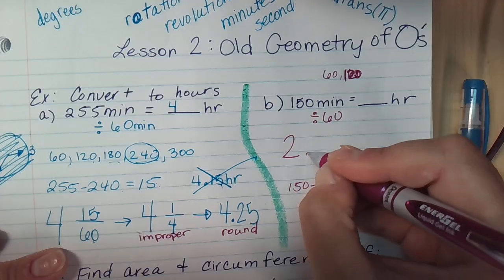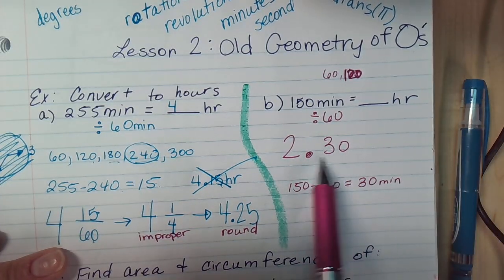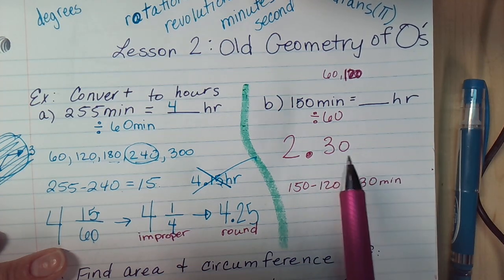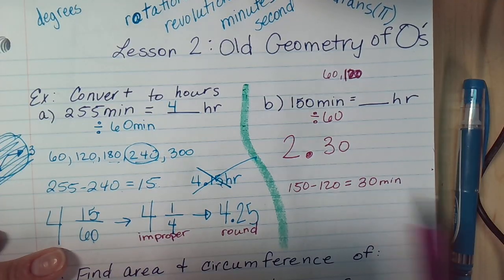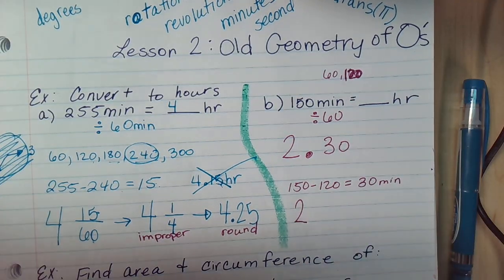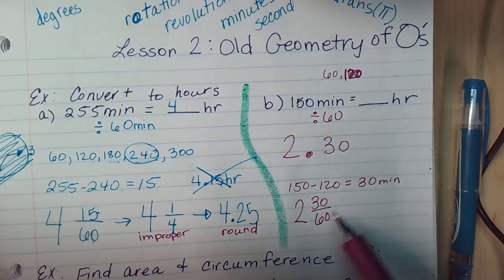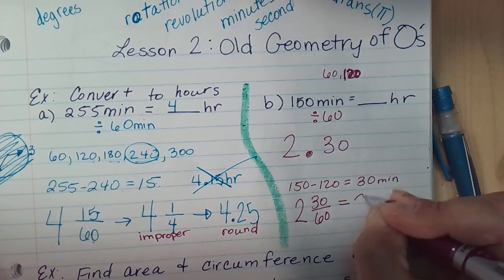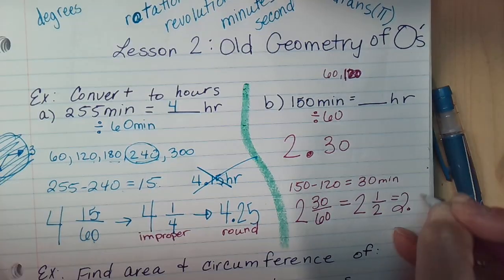But I'm not going to say 2.30, because this 30 after the decimal represents 30 out of 100, since it's in the 100 spot. Whereas 30 minutes should be rewritten as 2 and 30 over 60, because there's 60 total minutes that we could have on a clock. So this becomes 2 and 1/2, or just 2.5.